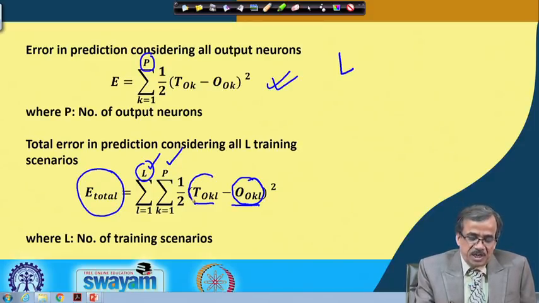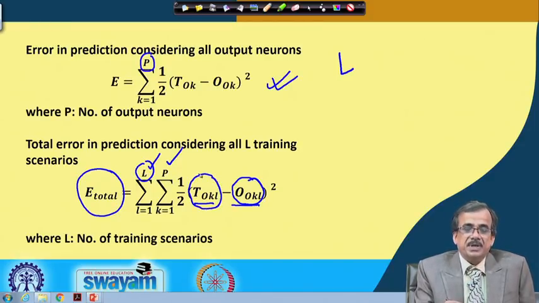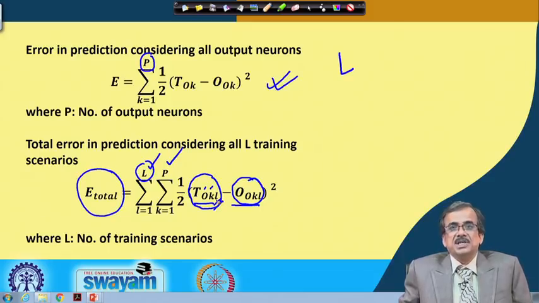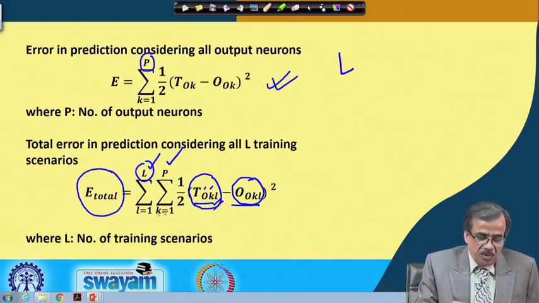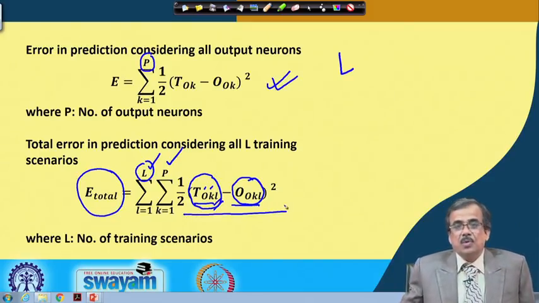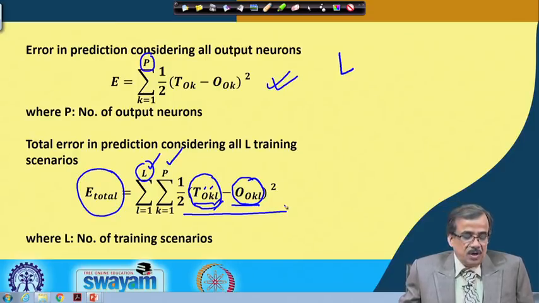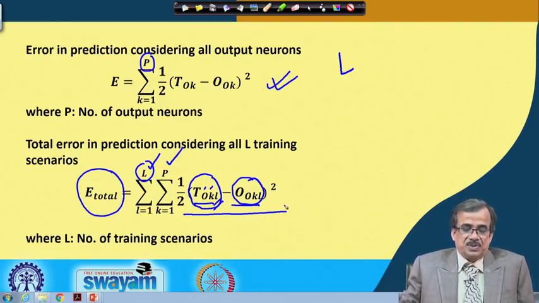Similarly, this TOKL indicates the target output of the kth neuron lying on the output layer corresponding to the Lth training scenario. So, this is the way you can find out the expression of the total error for the output layer neurons after considering all the training scenarios.